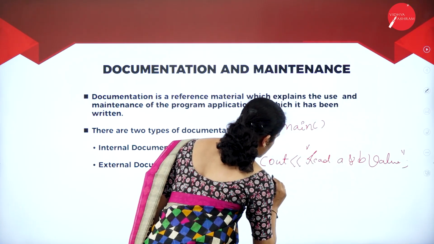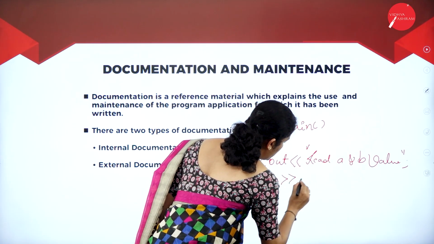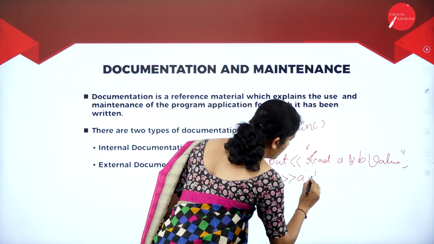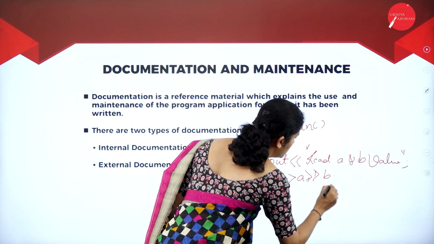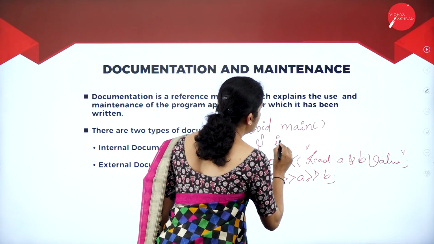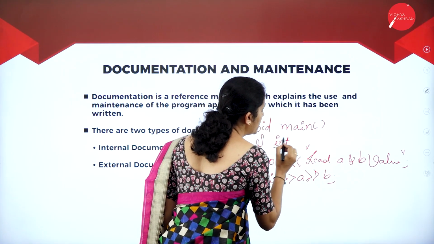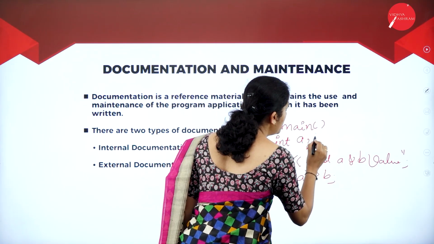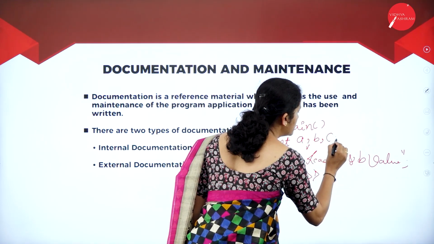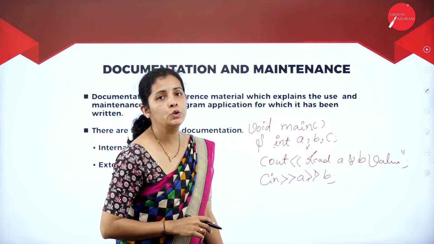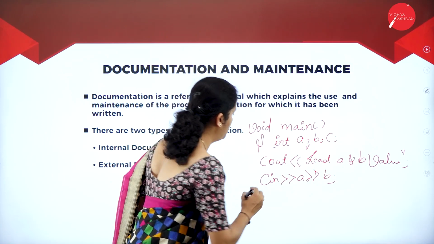Now cin A and B. What type of data am I going to have? What's the data type here? It is of type integer: A, B, C. These are the three variables I'm going to use in my program.